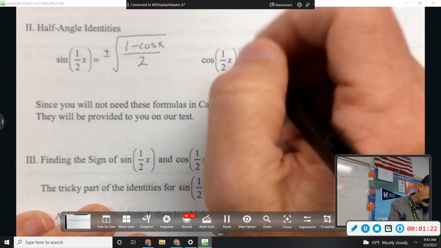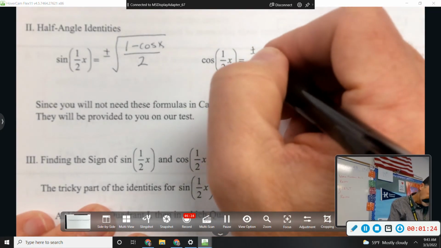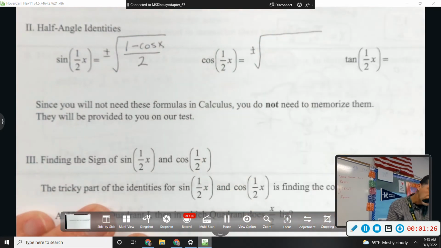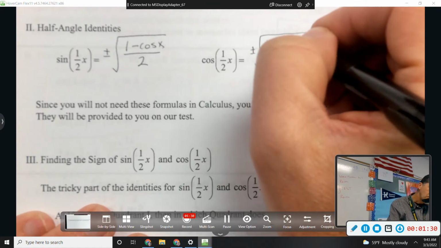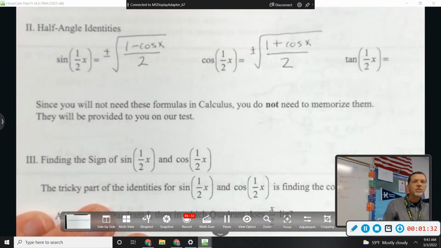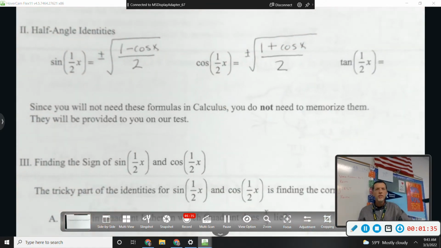Cosine of 1/2 x is plus or minus the big square root of 1 plus cosine of x all over 2. So super similar formulas. The only difference is the sign in there. Again, we'll give them to you so you don't have to worry about how to memorize and which one's which.